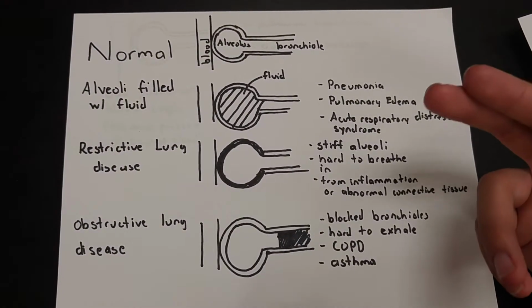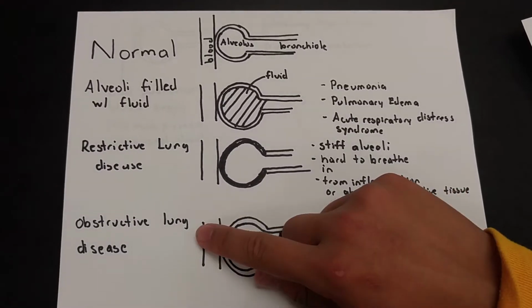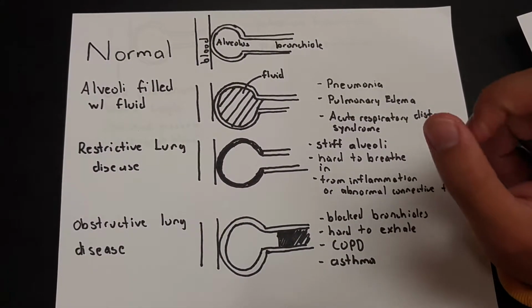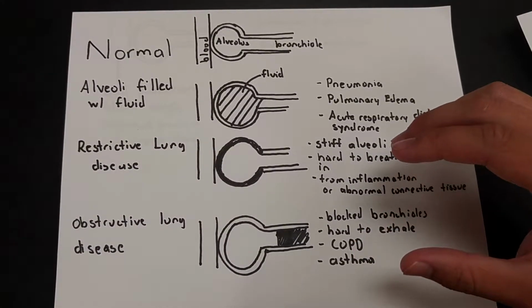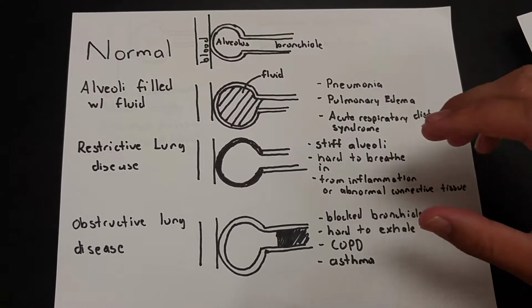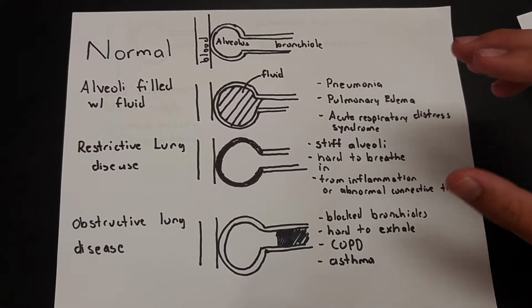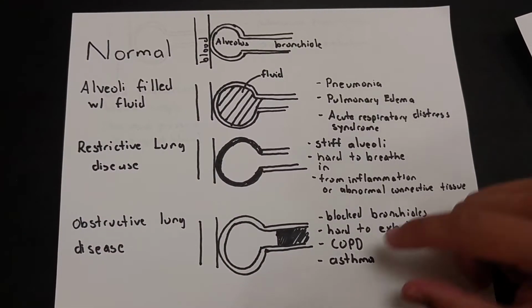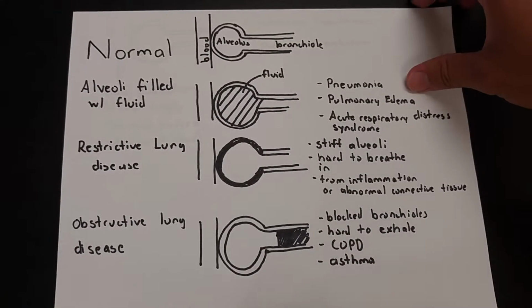It's very hard to get more air in when you already have air in there. That's what it feels like to have an obstructive lung disease. Some examples are COPD, chronic obstructive pulmonary disorder, which covers two older terms, emphysema and chronic bronchitis. Those two terms are covered under COPD. Another obstructive lung disease is asthma.